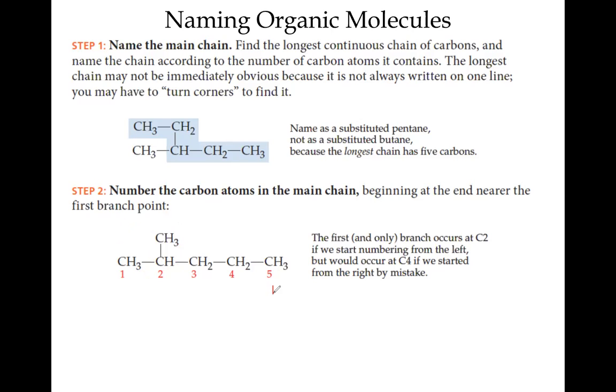If we numbered it the other way, 1, 2, 3, 4, 5, or we made this 5 up here, either way, one of these methyl groups is going to be branching off of the 4th carbon. And we don't want that because 2 is less than 4. 2 would be closer. So that's why we number it in this direction, not in this direction. Okay.